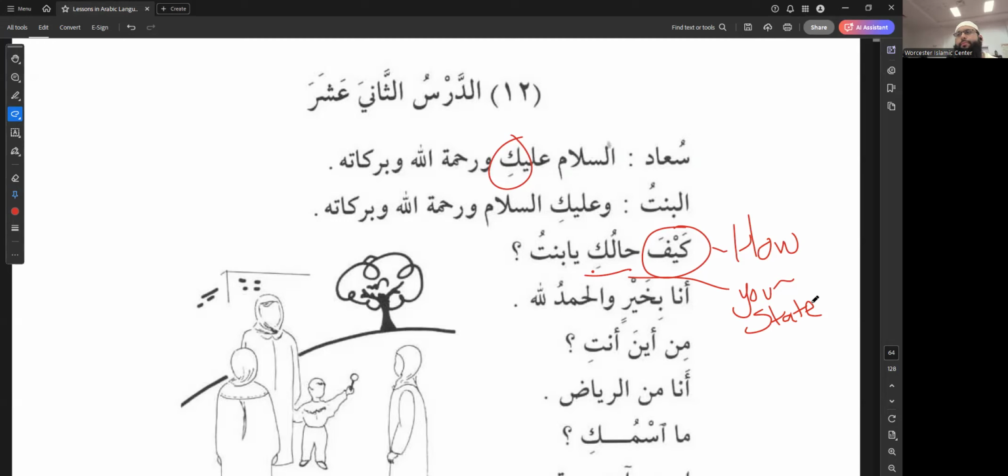What does ya bint mean? Oh daughter. Very good. So this can mean one of two things: either oh daughter, or oh girl. It can also just mean girl.